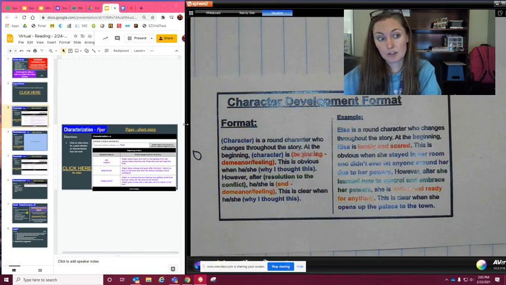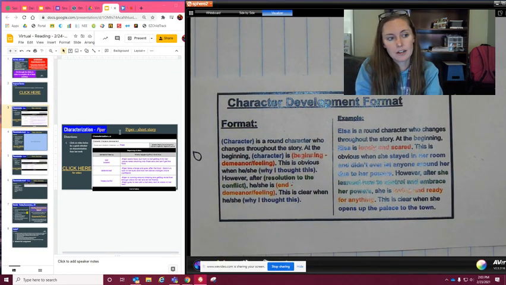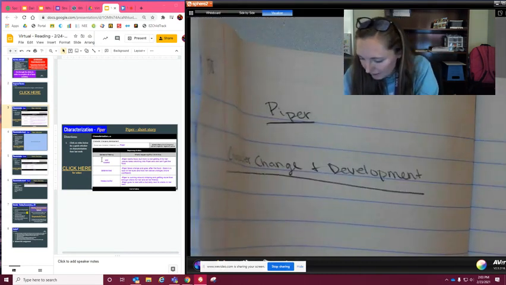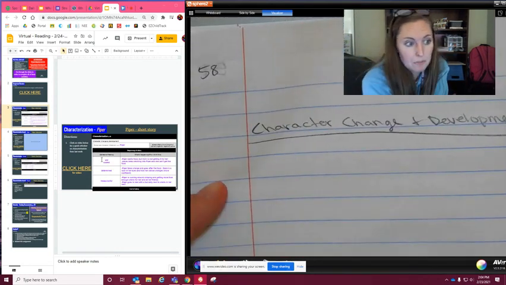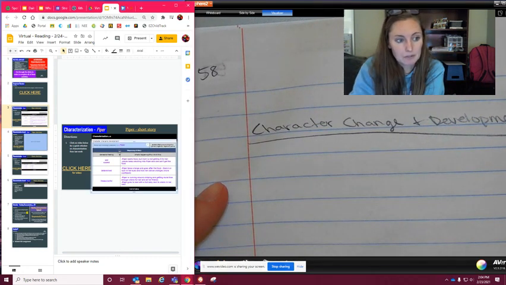And I'm just going to go ahead and jump right in. I am going to use the information that I already have on this slide over here, which again, I know is really tiny, so you don't need to see it because you can just watch how I'm taking information from it. All right, so back to page 58. The format says character is a round character. So my round character, because I already put that on my slide over here, is Piper, okay?